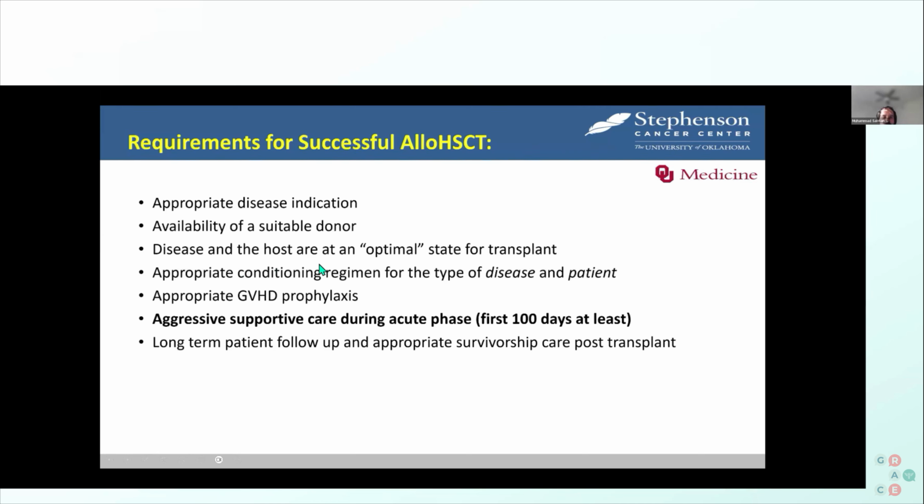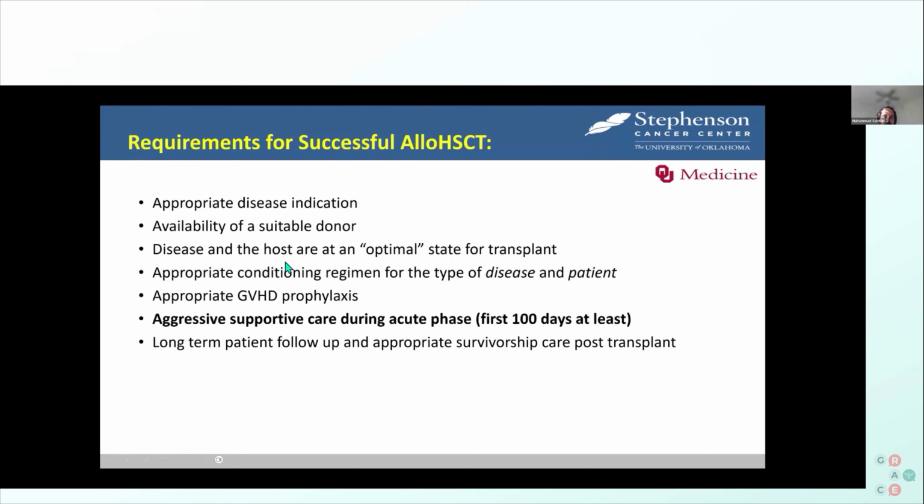Number three, the disease and the host should be in optimal state for transplant. If your disease is completely controlled, you have a much better chance of doing well with transplant compared to if you have active disease. With the host characteristics, we need to make sure that the patient is healthy enough to do the transplant.